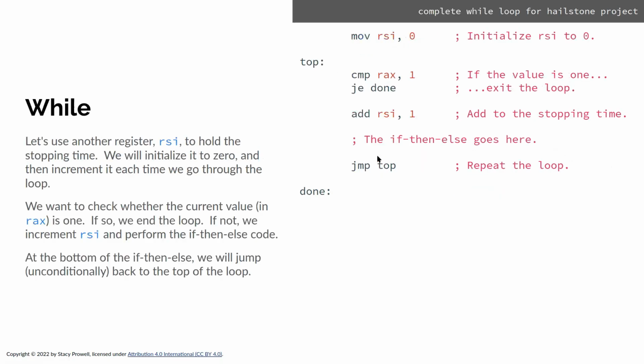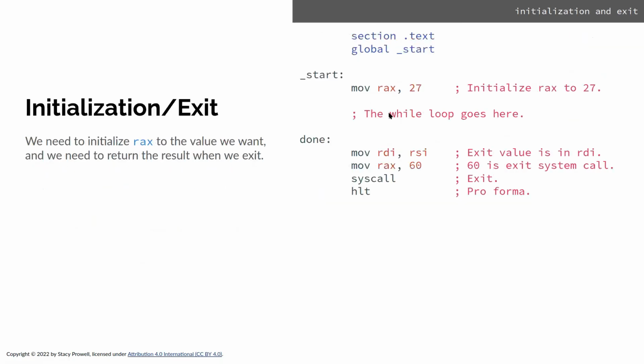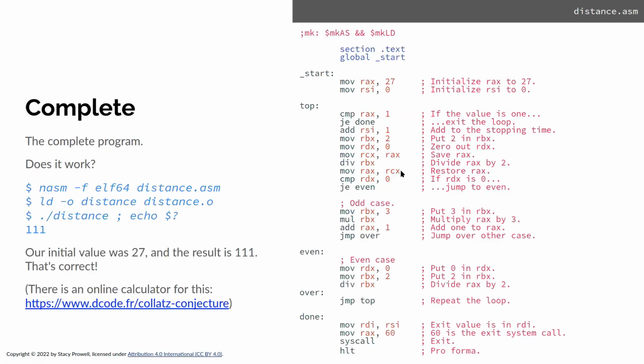Now, if you go back one, you remember we went ahead and used RSI for our stopping time. So before we exit, we need to take RSI and move it into RDI. So it's going to be the exit value for the program. And then we're done. Whew. We put all of that together, and this is our program to compute the stopping time of 27.